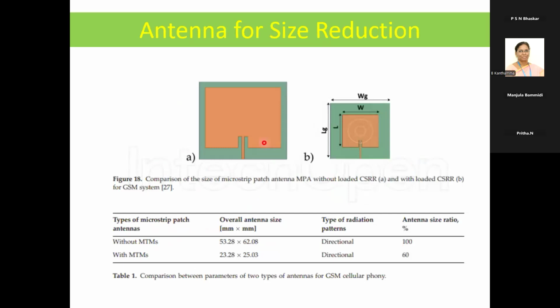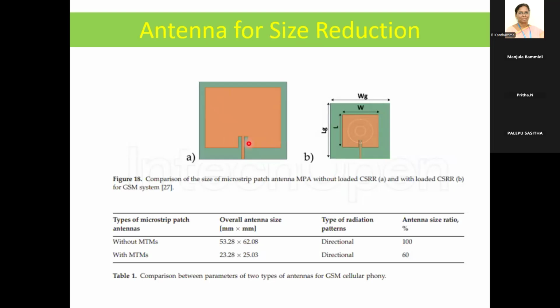In addition to using them as a substrate and superstate, you can also use it on the radiating patch. Using it on the radiating patch, you are going to control the antenna size. You can reduce the size of the antenna if you use this on the radiating patch. So either you can use them as a superstate, substrate, and also on the radiating patch.